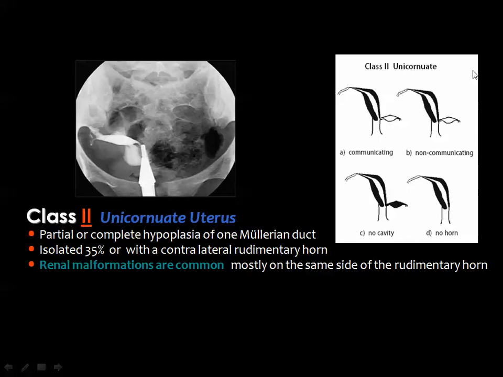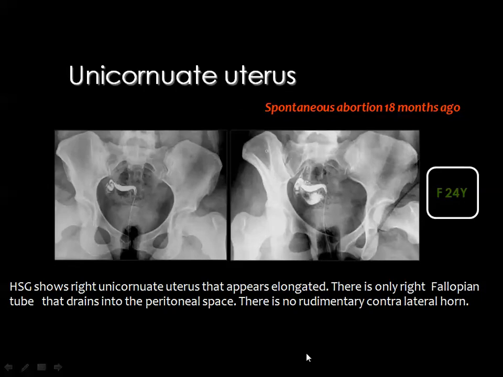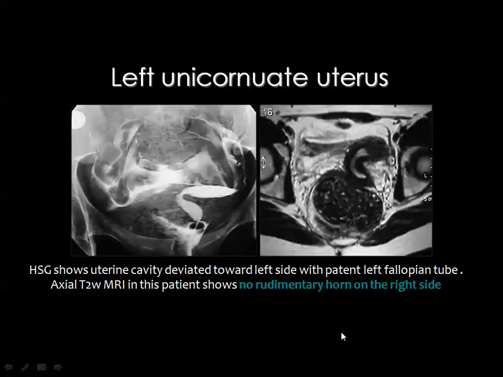In many cases, in this congenital anomaly, you get some renal malformations as well. And here you see a single uterine cornu, a single fallopian tube, and the possibility of another atrophic cornu needs further evaluation by MRI.